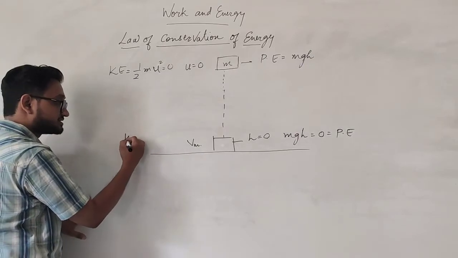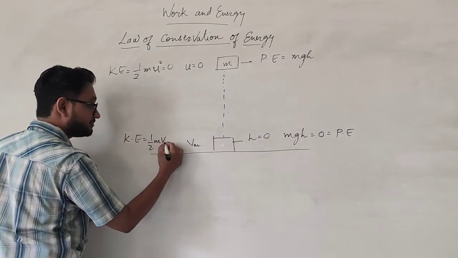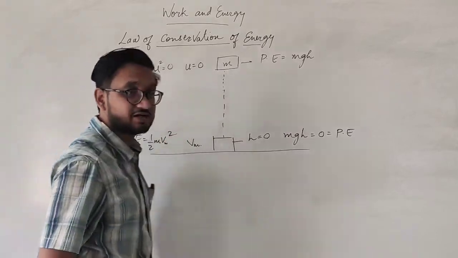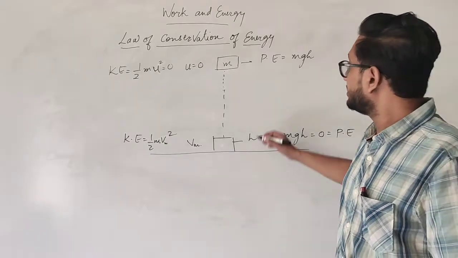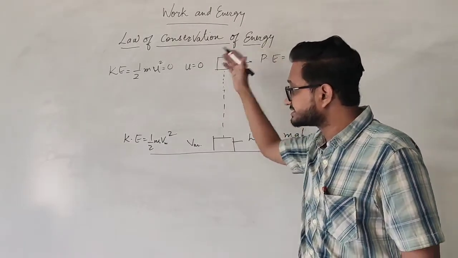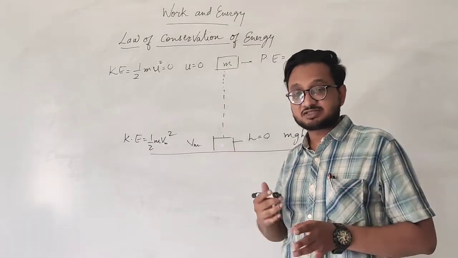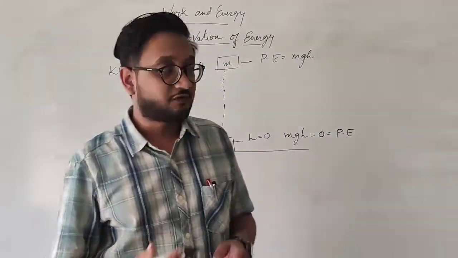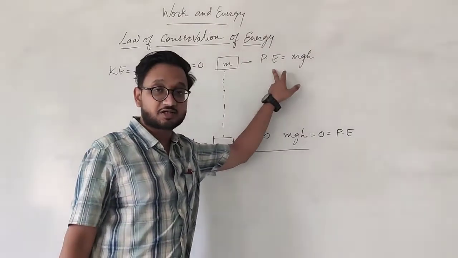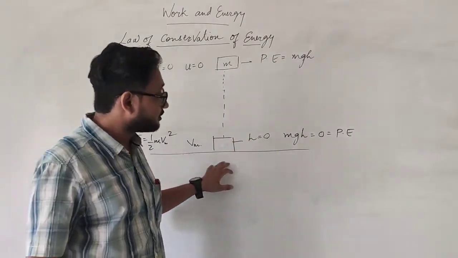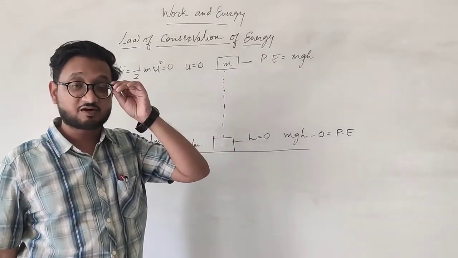So ultimately its kinetic energy becomes half m v max square. Its kinetic energy becomes maximum. So we can say that all of the potential energy is converted into kinetic energy, and we will see the whole derivation of how this kinetic energy is converted from potential energy, and ultimately its energy remains constant, the same as where we started.